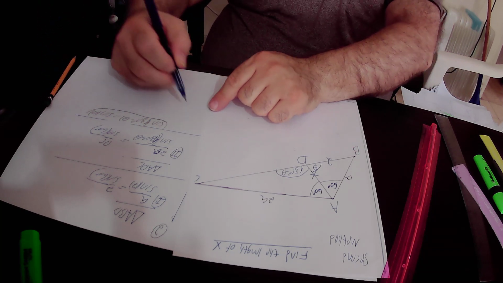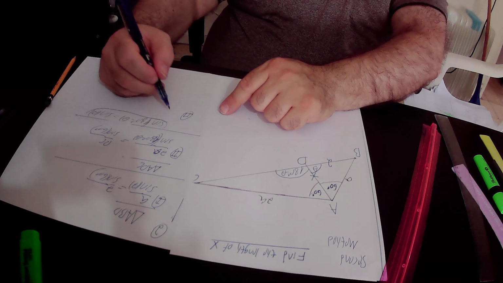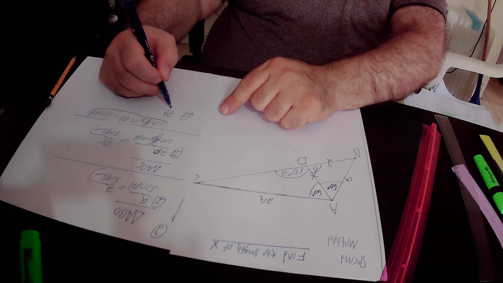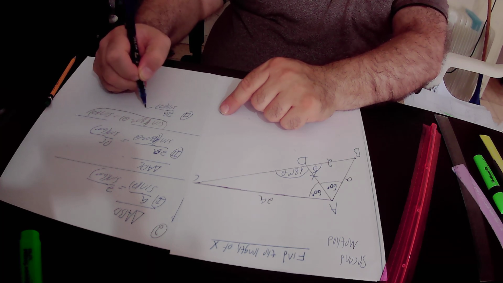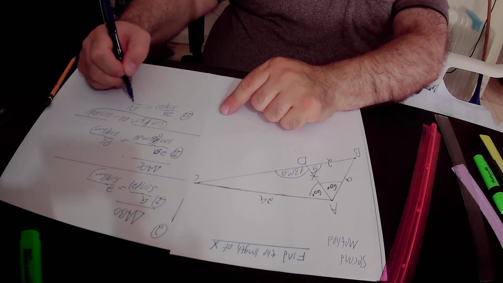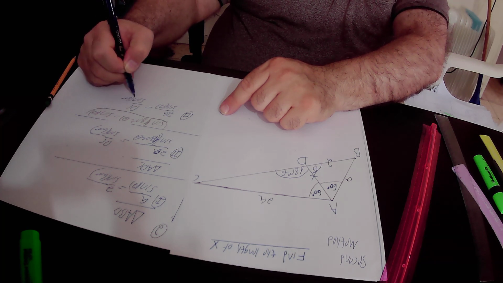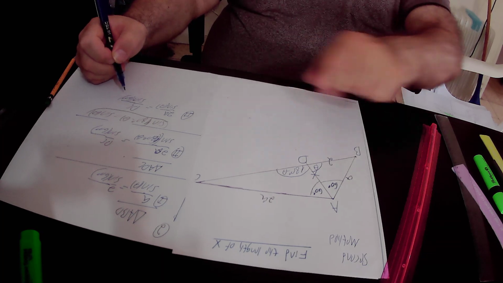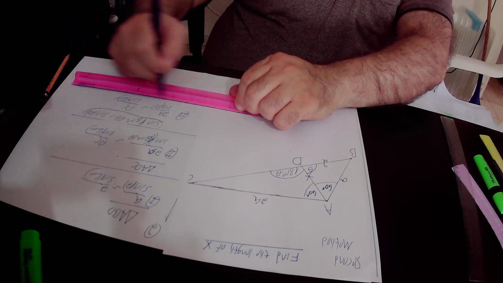We'll do it now, and we'll get that according to equation number 2, 2a over sine theta equals DC over sine 60 degrees.